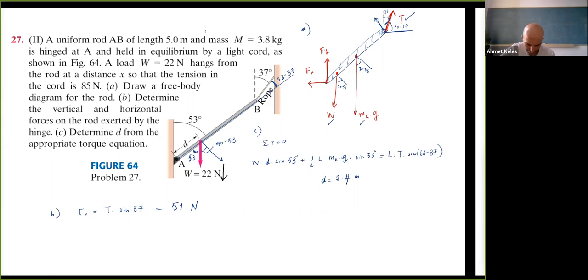How about the other one? I'm only left with this guy. Sum of the forces on the y axis is equal. Okay, let me do that too then. So Fy should be equal to W plus m_r times g minus T times, sine of this angle is cosine of this angle, cosine 37 degrees.